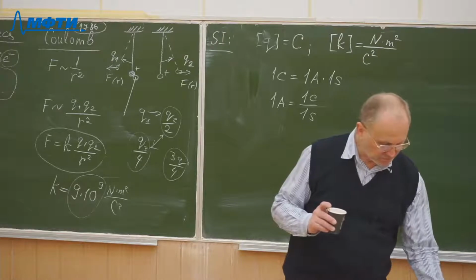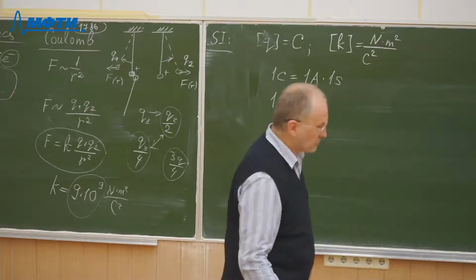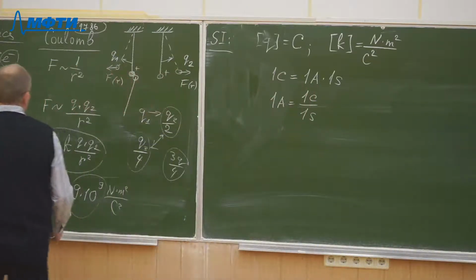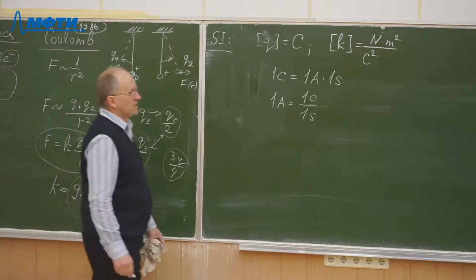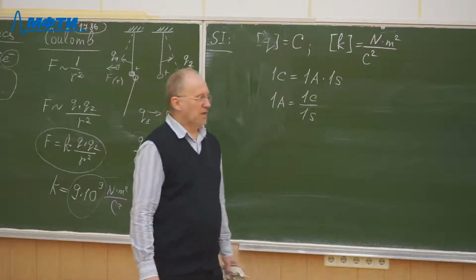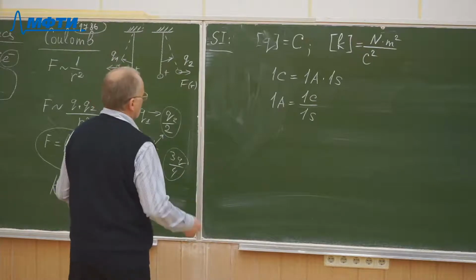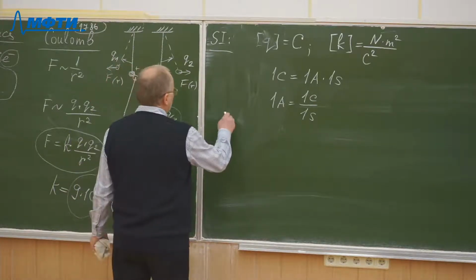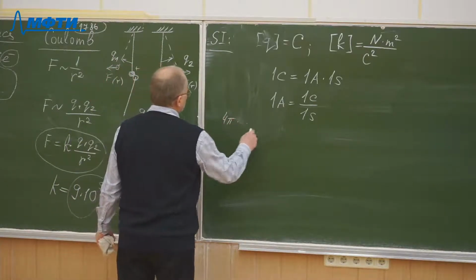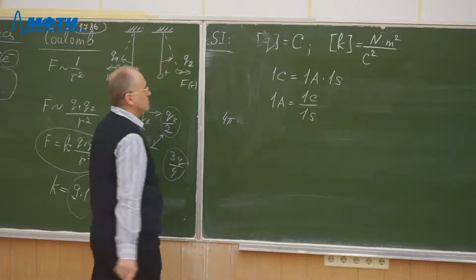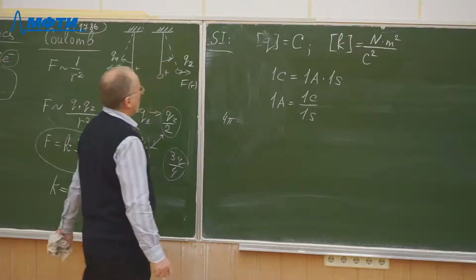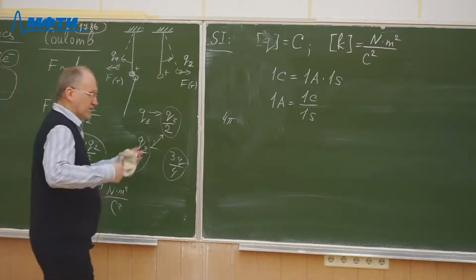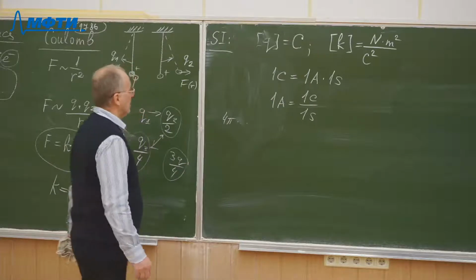And now I have to tell you another curious thing. In many formulas of electricity and magnetism, some coefficients emerge, like 4 pi and something else. And in many important formulas, people don't like to have this 4 pi coefficient, which is a consequence of Maxwell's equations, as a matter of fact.